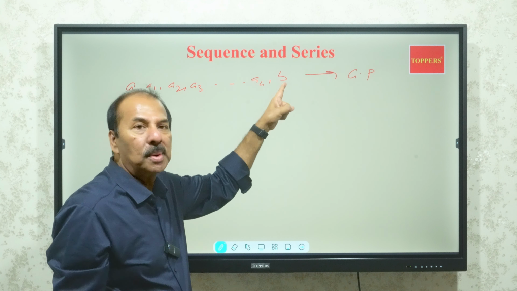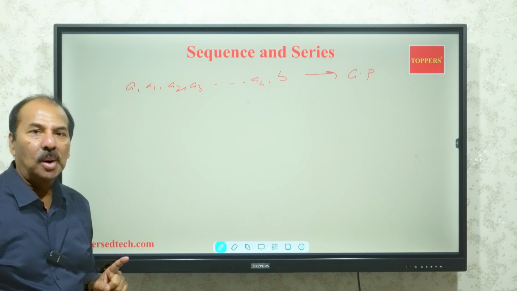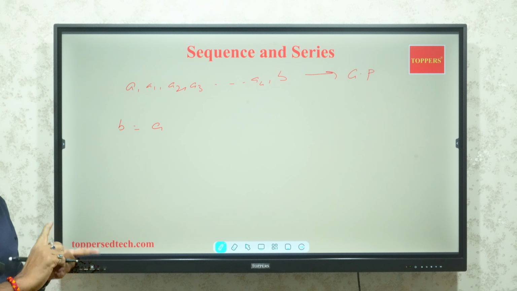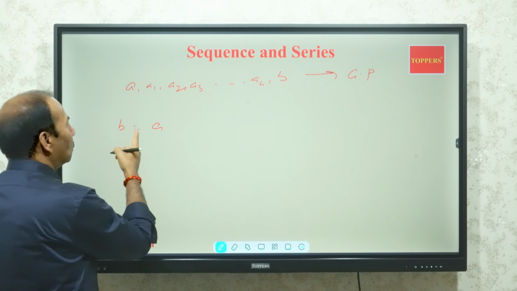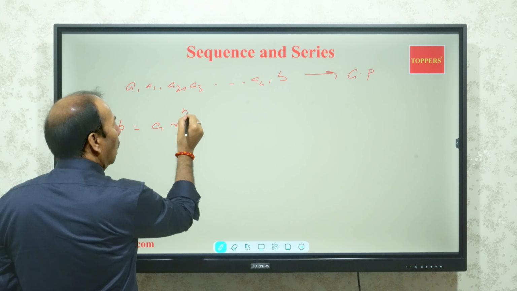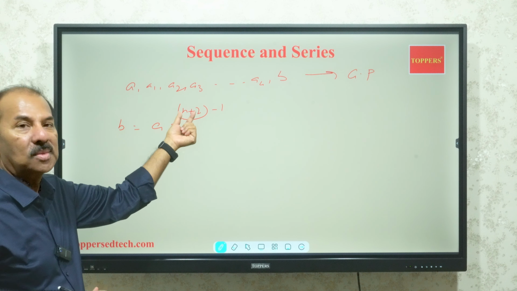Again, B is the (n plus 2)th term. The nth term in geometric progression is an equal to A R to the power n minus 1. B is now the (n plus 2)th term, so B is equal to A R to the power (n plus 2 minus 1), because the total number of terms here is n plus 2.